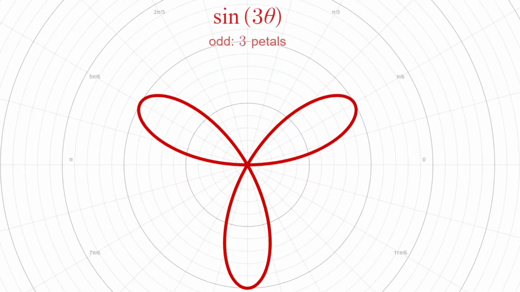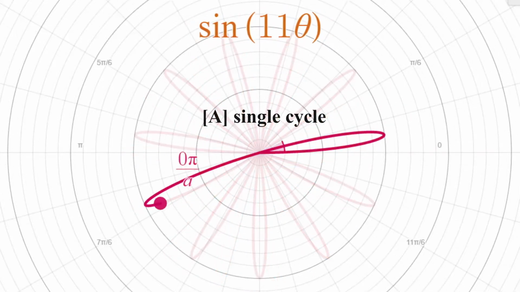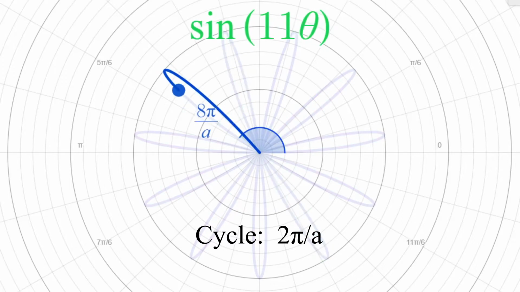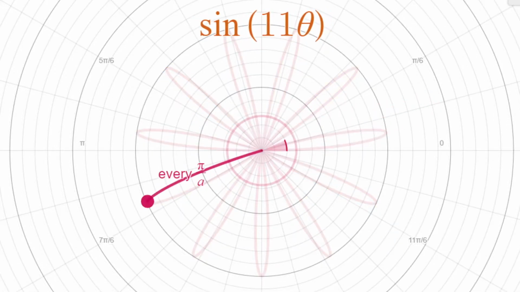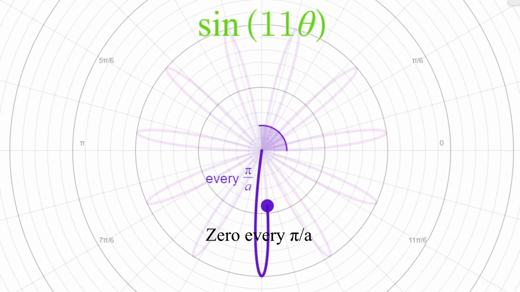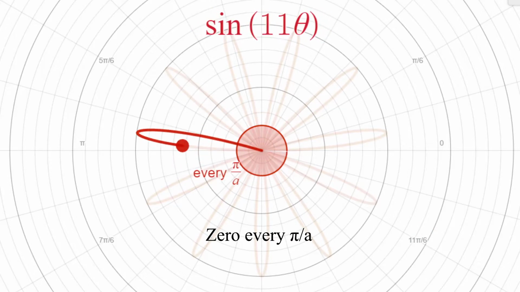And to start, since what a does for the rose is compress its rotation, a single cycle of the curve should be 2 pi over a. And since the curve returns to 0 twice in one cycle, we will get a 0 for every pi over a radians until it hits 2 pi.